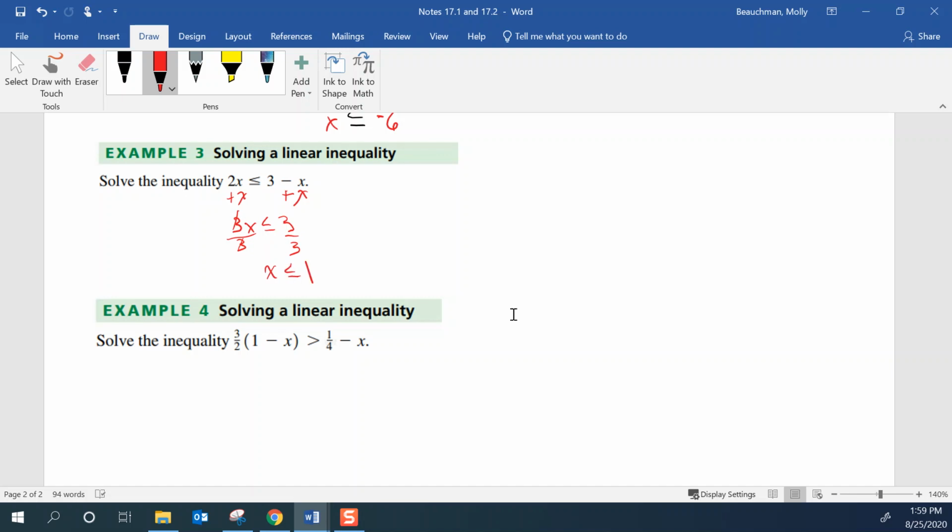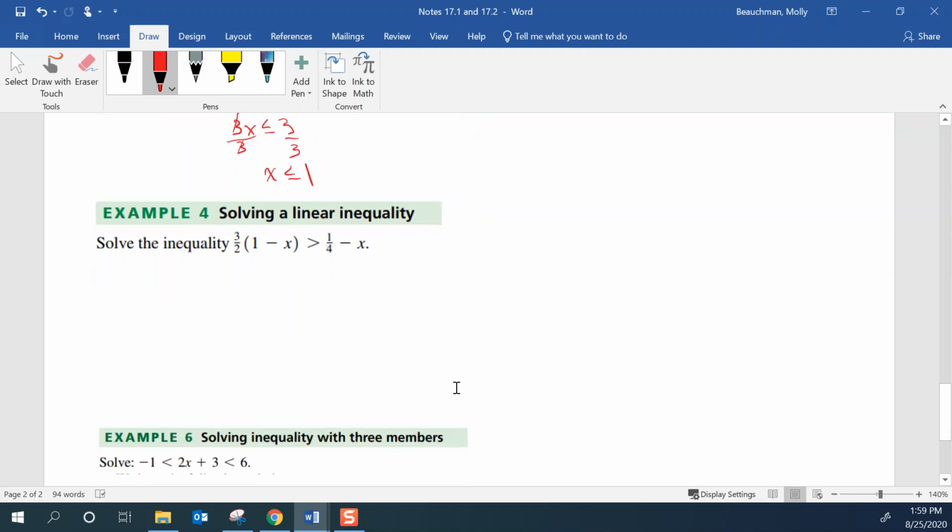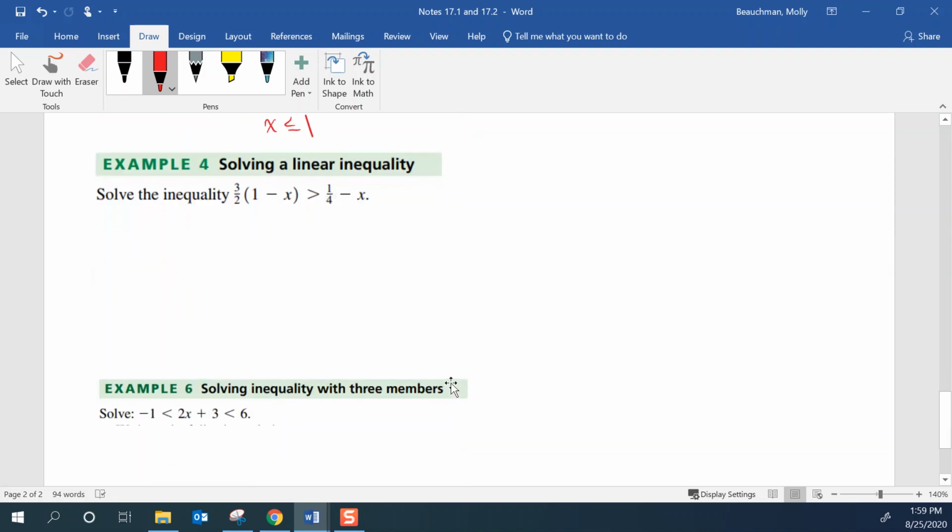All right, next example. Same type of linear inequality, just a little bit more complicated because we have fractions. I wanted to remind you, if you want to get rid of fractions in an expression, take a look at all the fractions. You've got a denominator of 2 here and 4 here. If you multiply the entire equation by the common denominator, 4 in this case, it will eliminate all of your fractions.